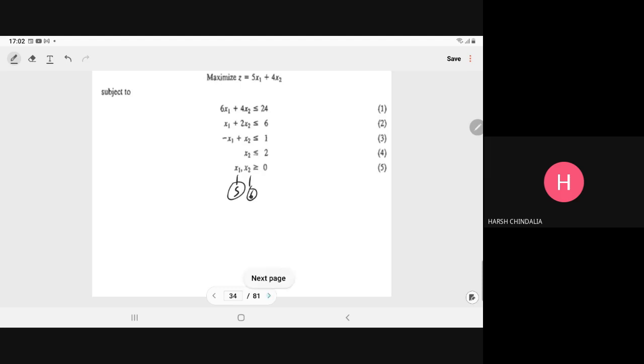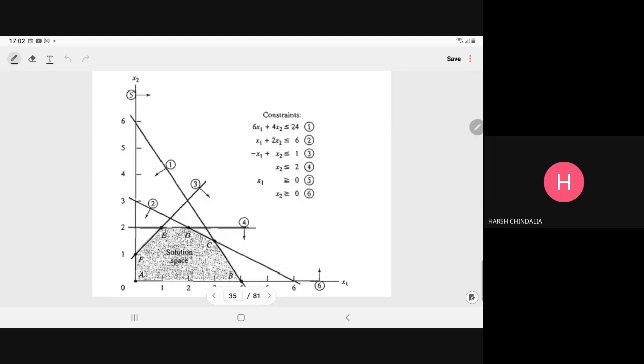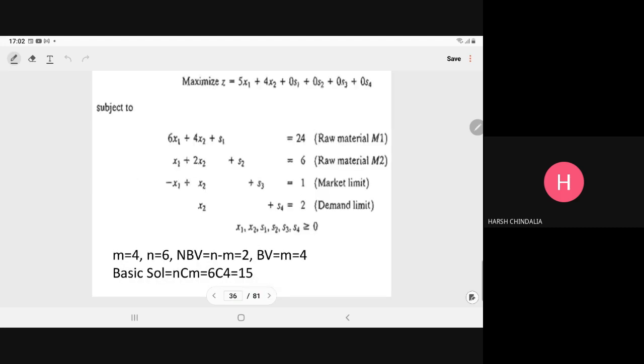When we draw the graph of this problem, it looks like this, where we know that at C we have the optimum solution. So this much you know. Now, when we are transiting from the graphical solution to the algebraic solution, we have to convert all the inequalities into equations using the proper slack or surplus variable.